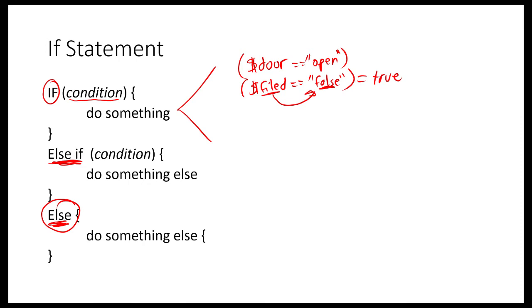If the diaper's not dirty, then we go to else if. So if the baby's hungry, then feed the baby. And then if the baby's thirsty, so I can have thousands of else if statements if I wanted to.